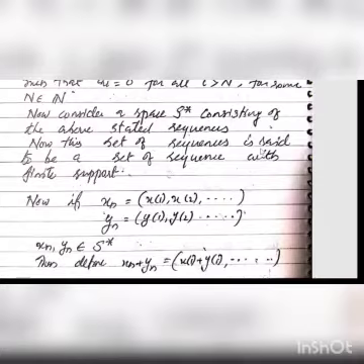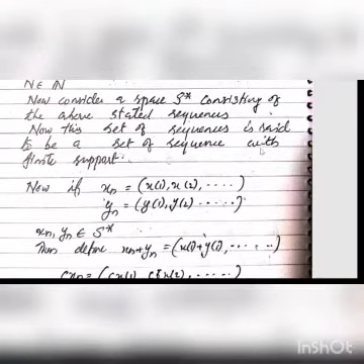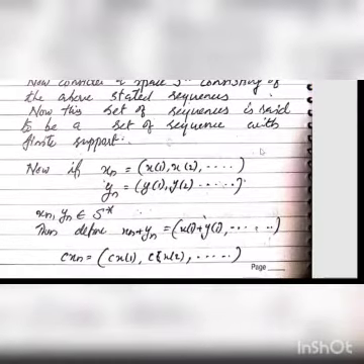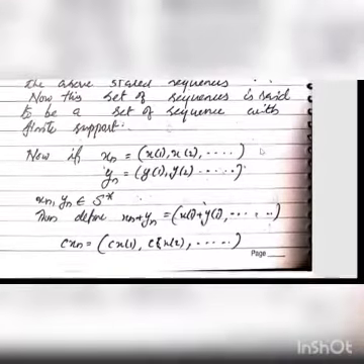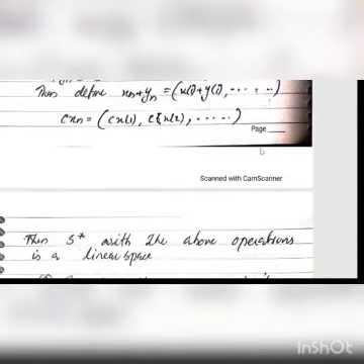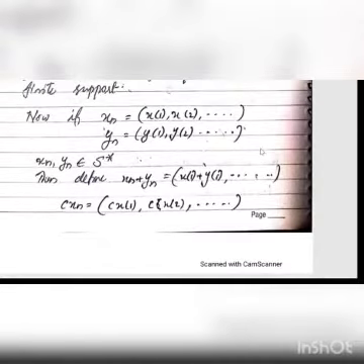You get x1 plus y1 as the first term, second term x2 plus y2, etc. Now what is c x_n? c x_n is c into x1, c into x2, etc. Coordinate-wise multiplication. Then S star with the above operations is a linear space. We want to show that this is a vector space.